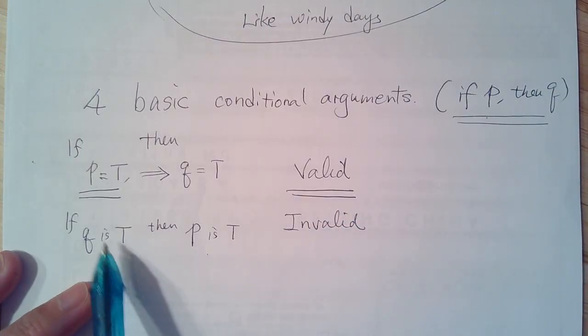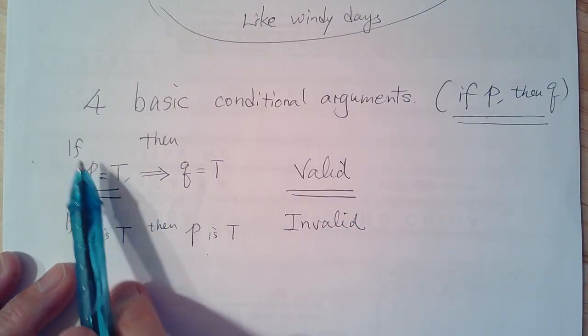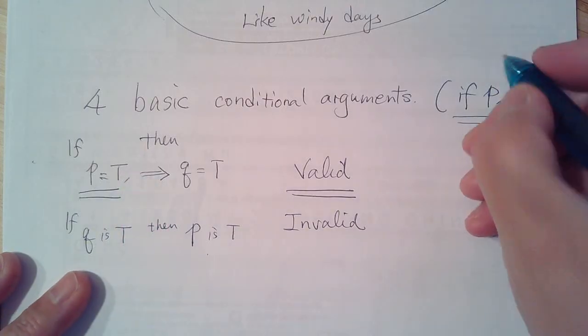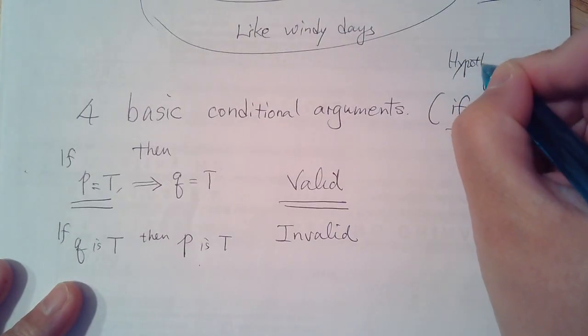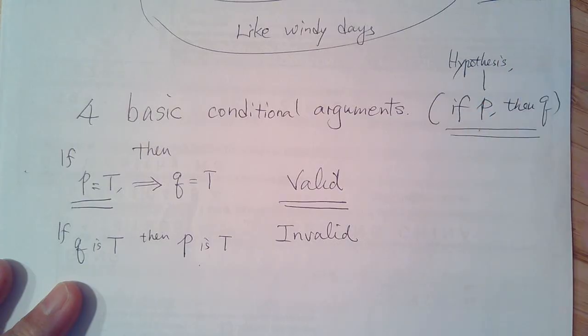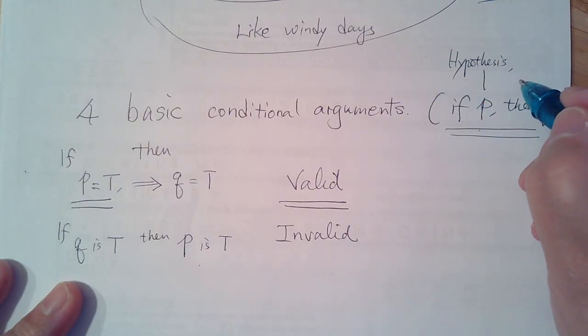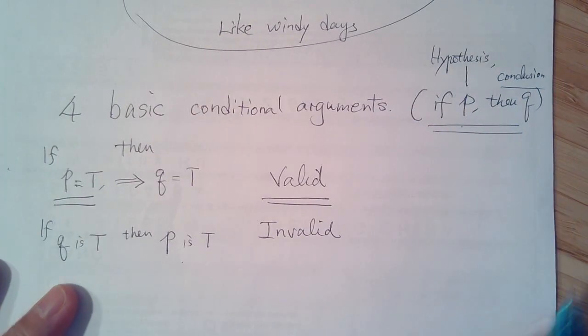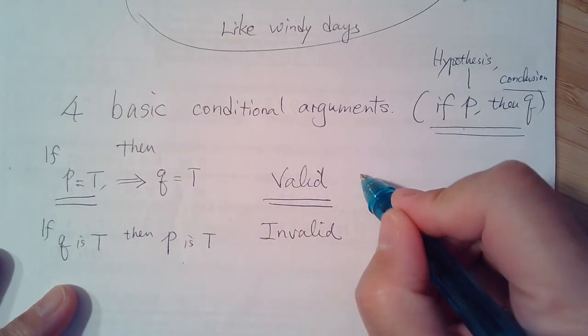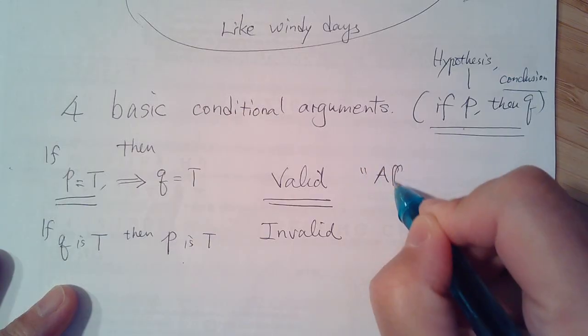Okay. Did you see this? You said if P is true. So P here is called the hypothesis. And this is called a conclusion. Okay, so this one is the affirming.